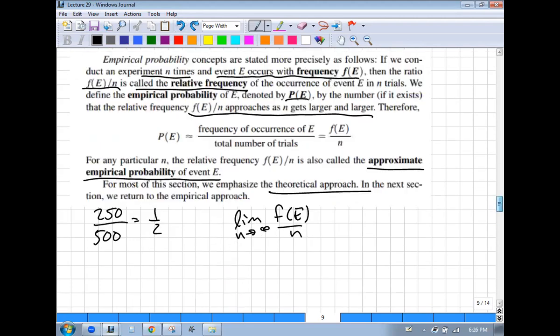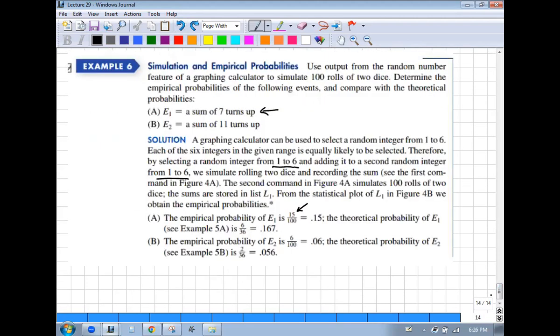Although I don't think it's a real experiment, it's on a computer, so it's still theoretical in my mind. But in their emphasis, they're saying this is like an experiment. Of course, it comes out to the same as what you would get using the theoretical probabilities. No, they emphasize it's not.